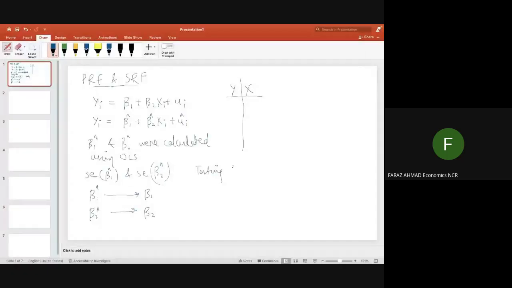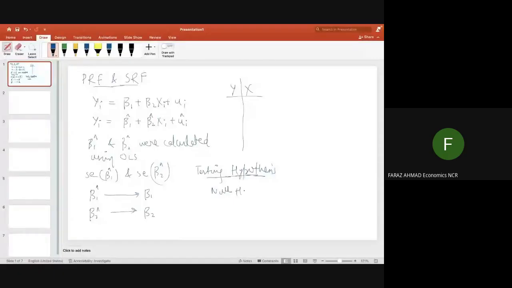So we will be testing hypothesis, and there are two conflicting hypotheses. One is called the null hypothesis, and another is called the alternate hypothesis.